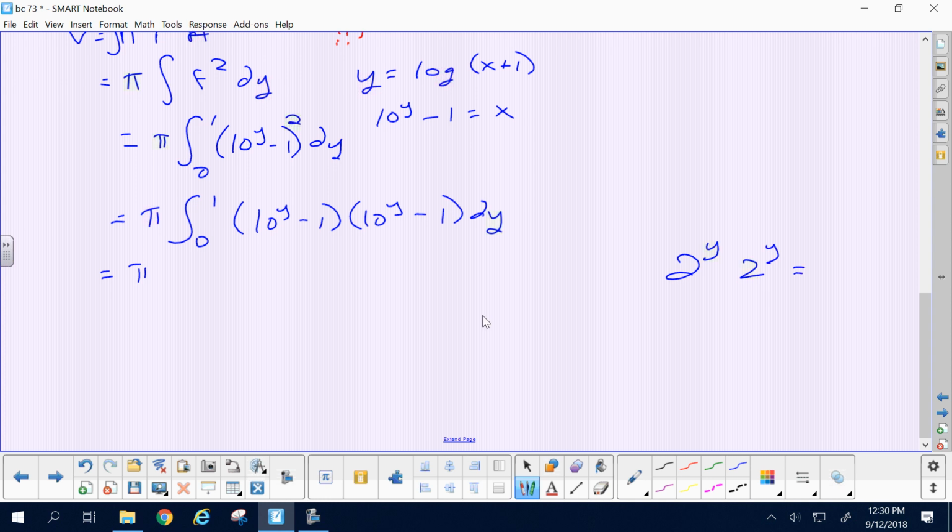Okay, what is this? 4 to the y. Now, just so we're clear, what is this? 5 to the y. 6 to the y. Okay, so you say it's 6 to the y. I say 5. Let's verify. What's 2 squared times 3 squared?